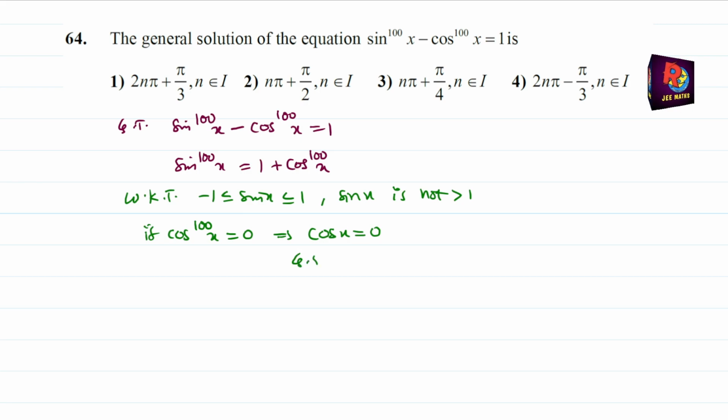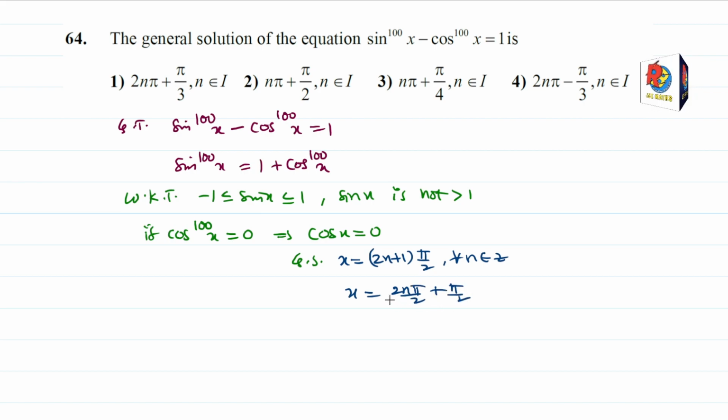General solution is x equals (2n plus 1) into pi by 2 for all n belongs to Z. So if I simplify this one, splitting this one, x equals 2n pi by 2 plus pi by 2.